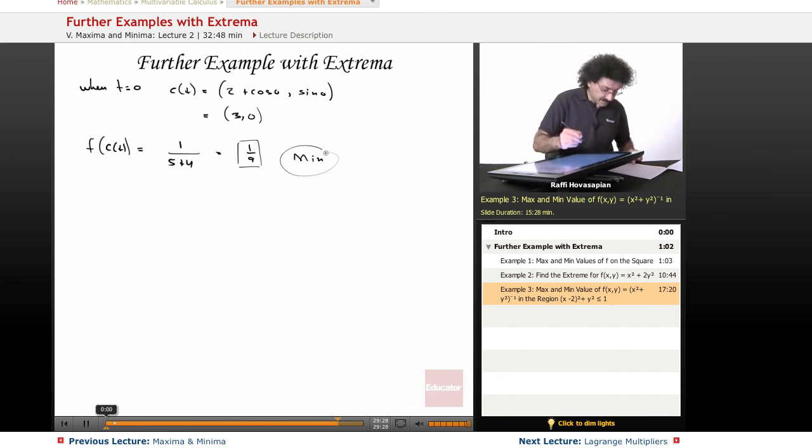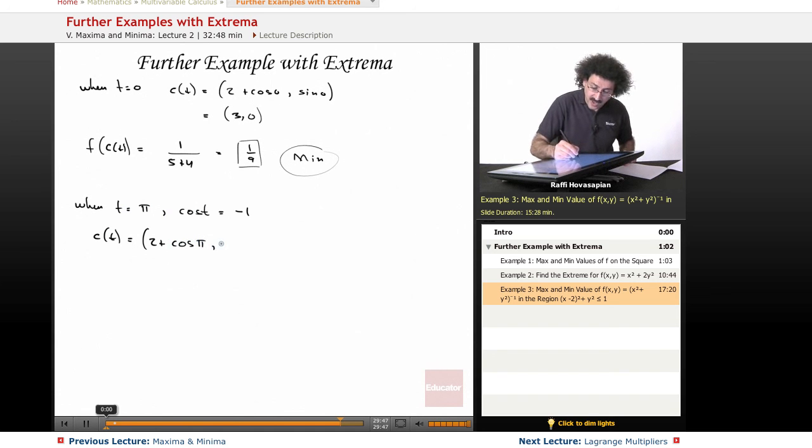Now, when t is equal to pi, the cosine of t is equal to negative 1. c of t is equal to 2 plus the cosine of pi, the sine of pi, which is equal to 1, 0.